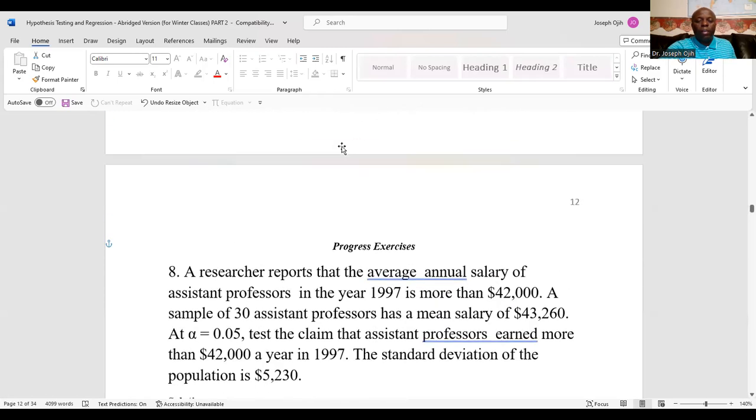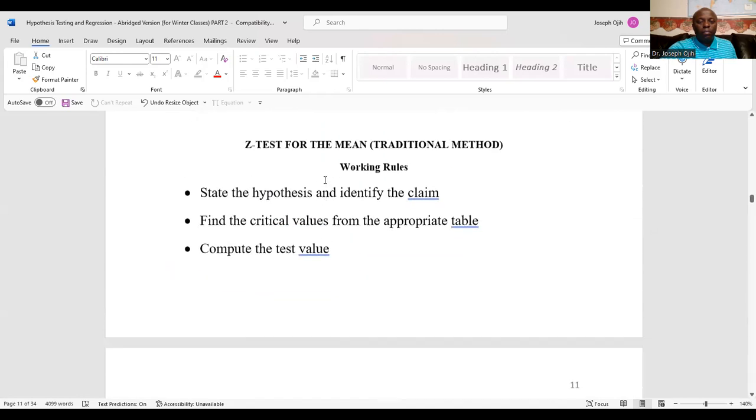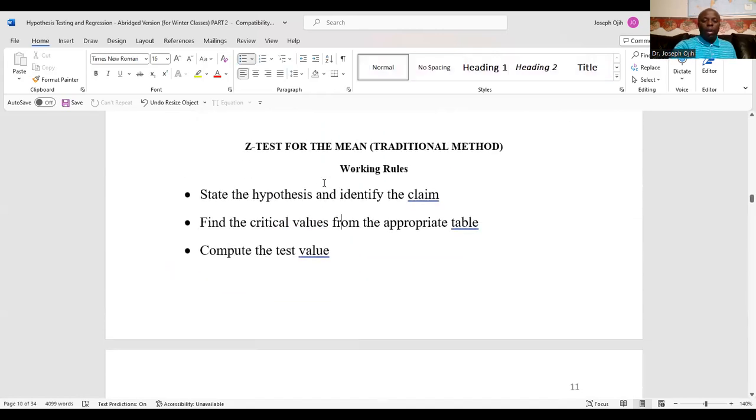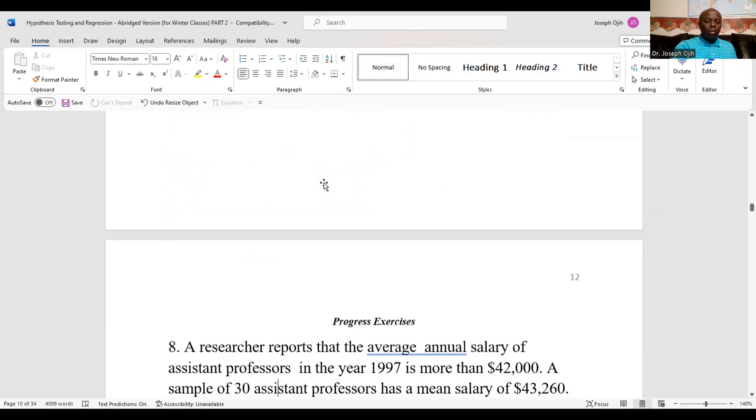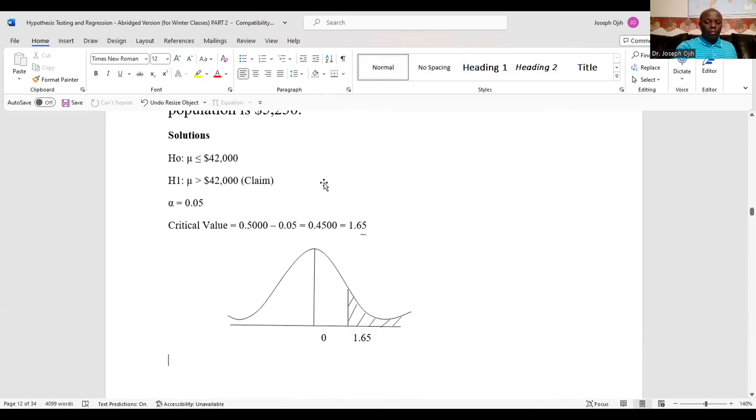Since we have all our numbers, I will put them all in, and then we can go and get our z-test statistic.